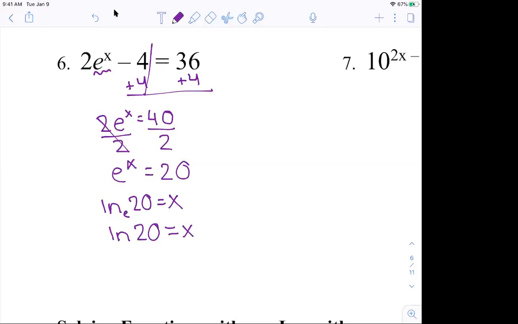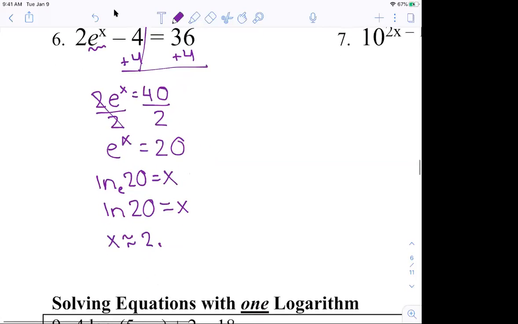So natural log 20 is all I type in, and I should get 2.996. It doesn't specify what to round to, so I'm going to round to the thousandths here. Otherwise, if you rounded to the hundredths, it would actually be 3.00.